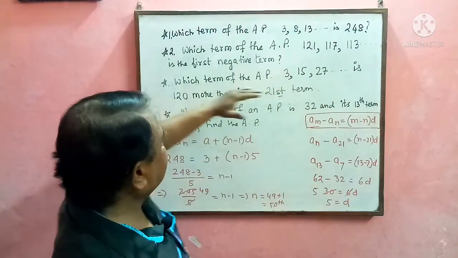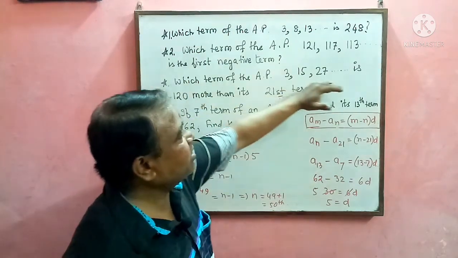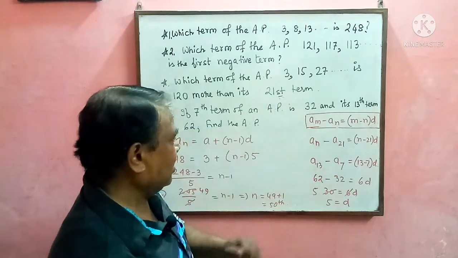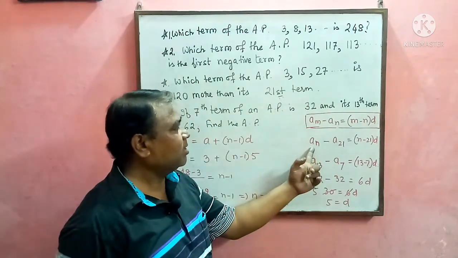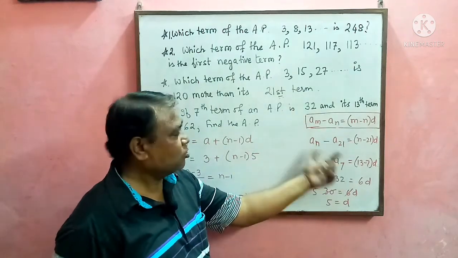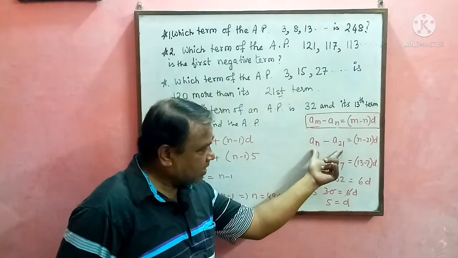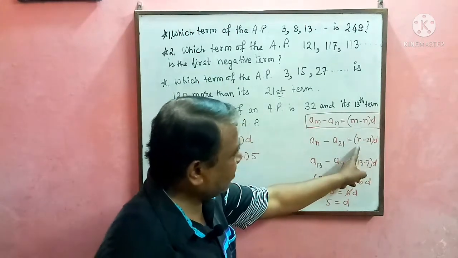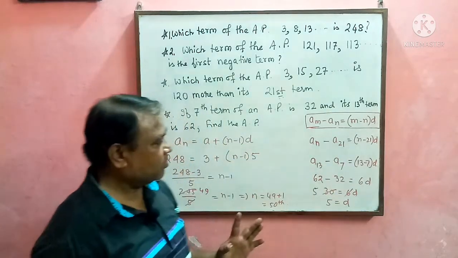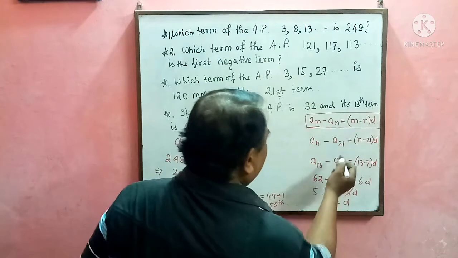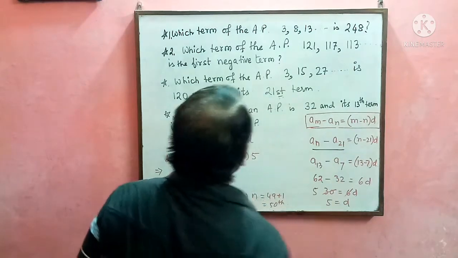Likewise, if I consider which term of the AP is 120 more than its 21st term, let's say the nth term is 120 more than its 21st term. So the difference between a n minus a 21 is equal to, according to this formula, (n minus 21) into d. Now here we have the difference between these two terms.